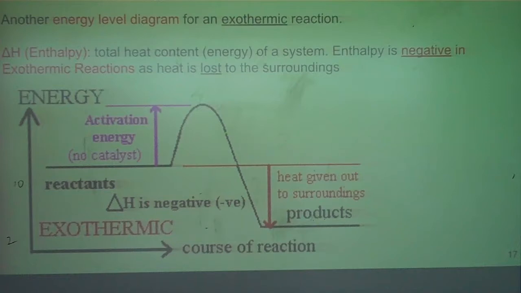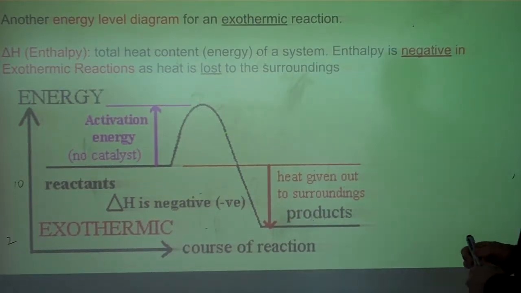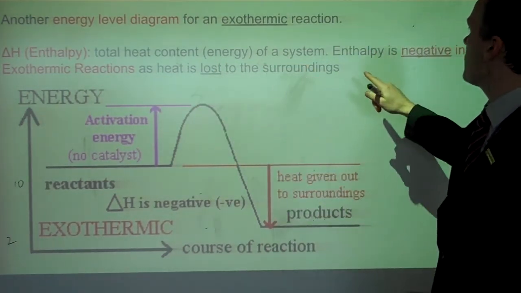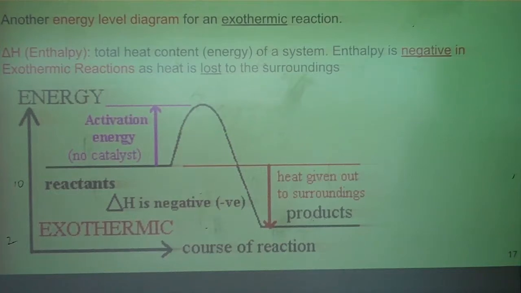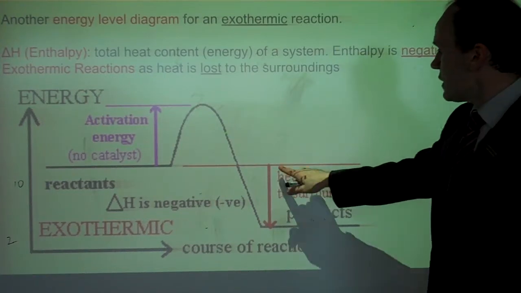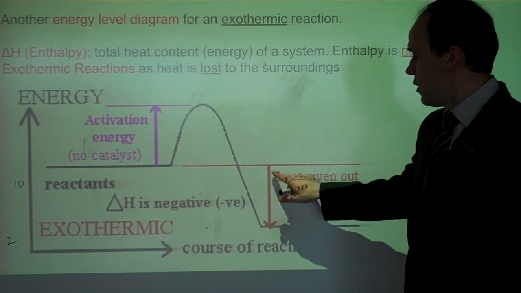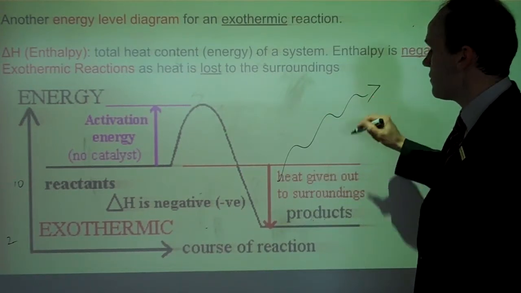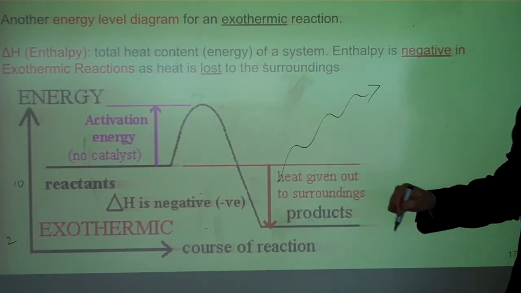Okay. Here is an exothermic reaction, and here's this idea of enthalpy, or heat energy of a system. Enthalpy is negative in this system. And why is that? Because see that difference there? Where did that energy go? It's actually exited the system as heat and light.